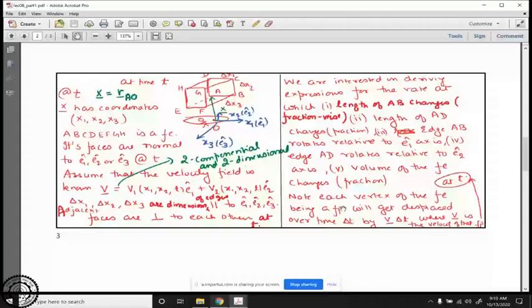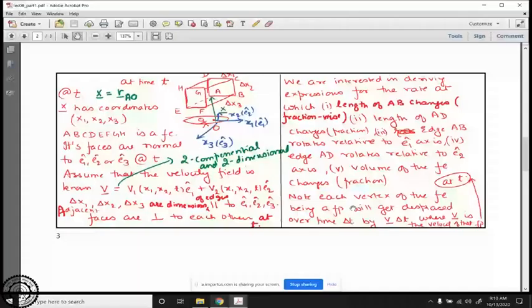Now, we have to realize that since there is a velocity field existing, when you go from time t to time t plus delta t, all these vertices, which are essentially fluid particles and part of the fluid element, will individually translate, right? Why will they translate? Because there is a velocity field existing everywhere.